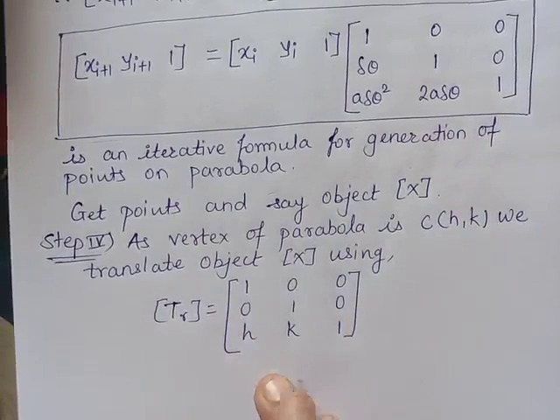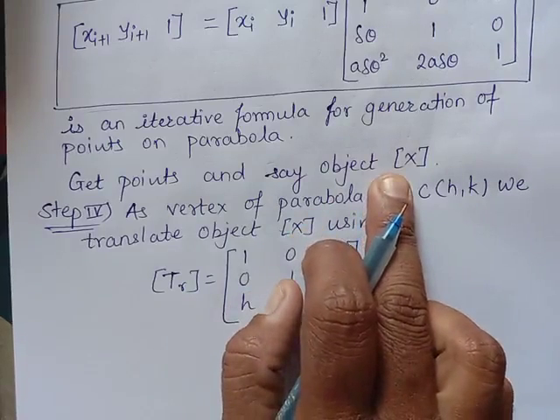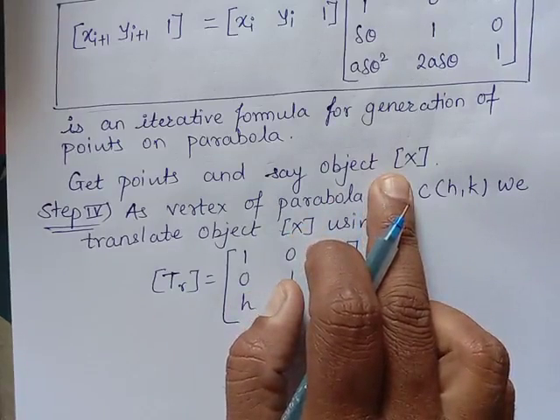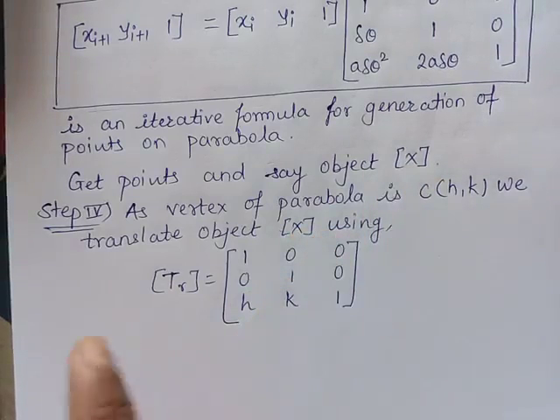This matrix we will apply on our object x, that is a position vector matrix for all the points on a parabola. Now here we have assumed that the vertex is at the origin, right?